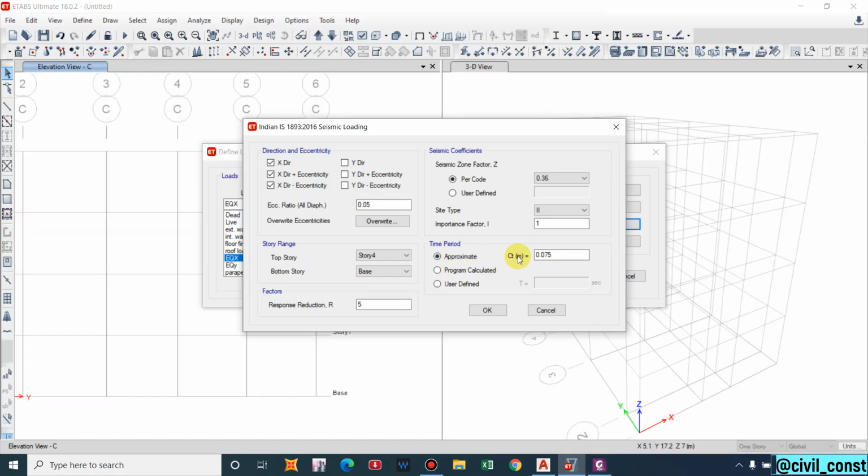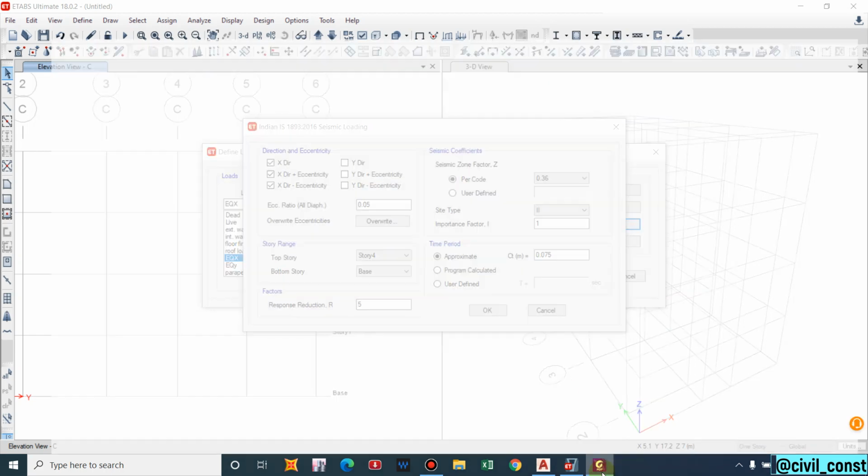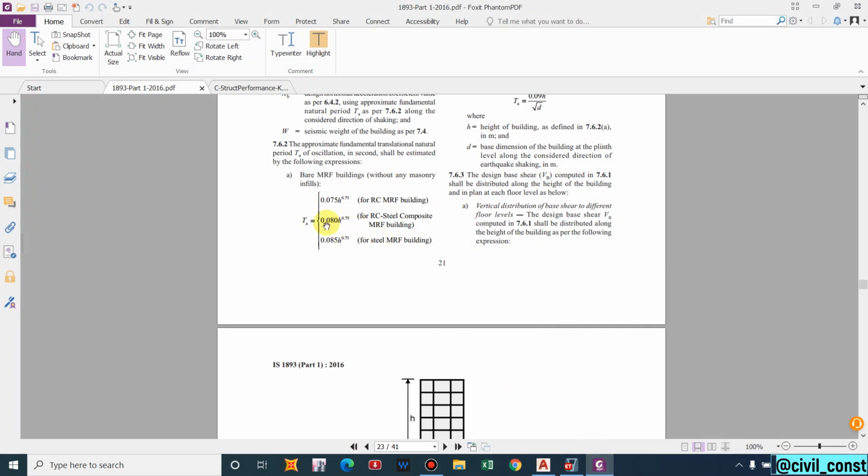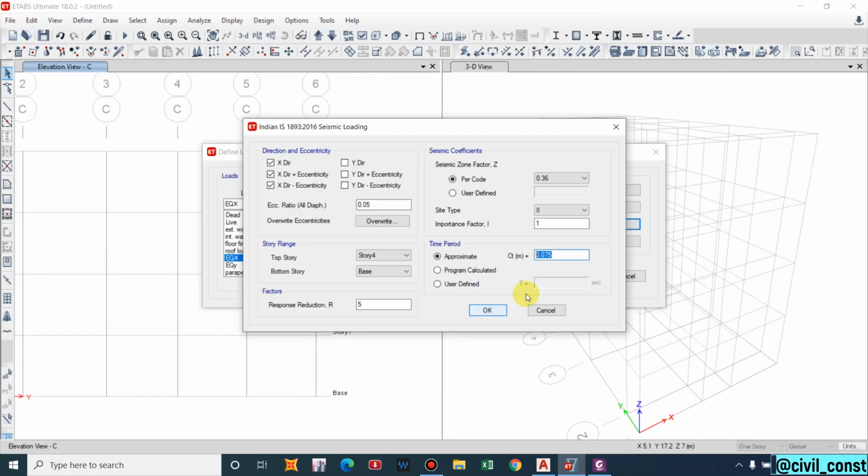So approximate 0.075, or you can directly go to, so this is the constant, okay, 0.075, or you can also go with 0.080 depending upon your building type, but for now it is 0.075, so I will not change.